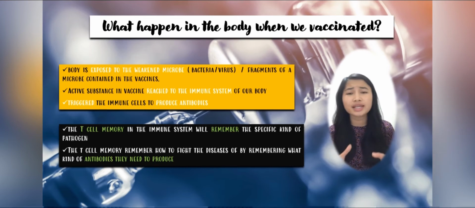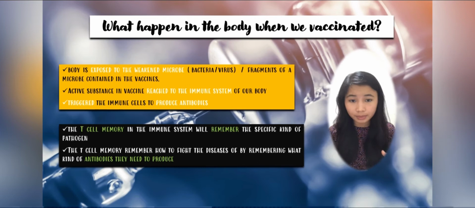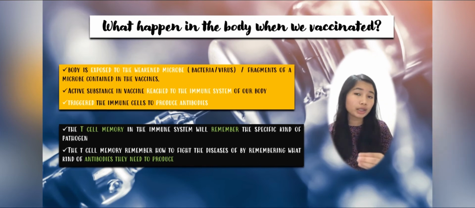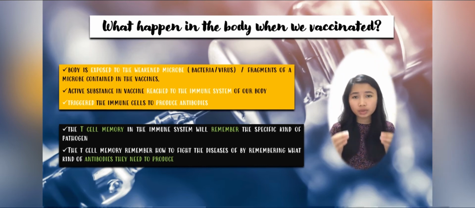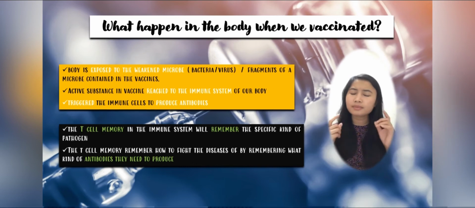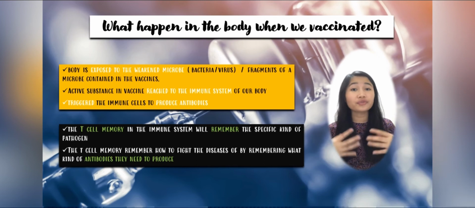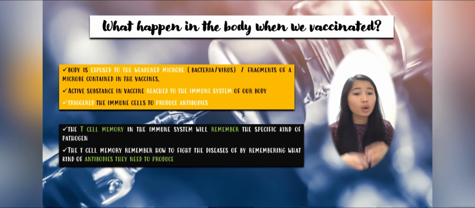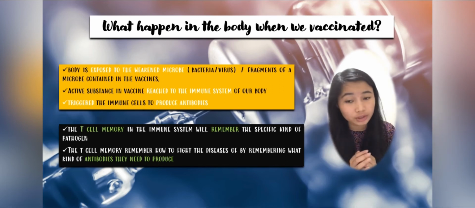The active substance in these vaccines will reach the immune system of the person's body and then trigger the immune cells to produce antibodies as a natural response to the presence of this weakened microbe. Then, the T cell memory in the immune system will remember the specific kind of pathogen and also remember how to fight it off, including what kind of antibodies they need to produce to fight the pathogen.